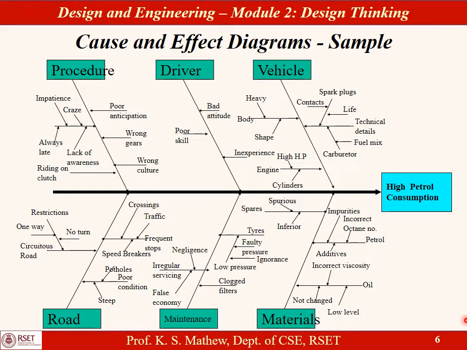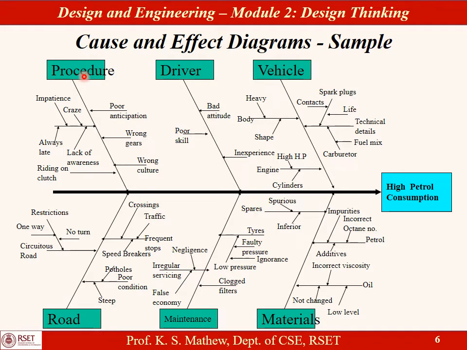They conducted a brainstorming session, and during the session lots of ideas and suggestions came in on what could be the possible cause of this problem. All these causes were classified into 6 categories: procedure related, driver related. Ideally we say it is 4 M's, but in the actual scenario, you can have your own specific main causes as well as sub causes.